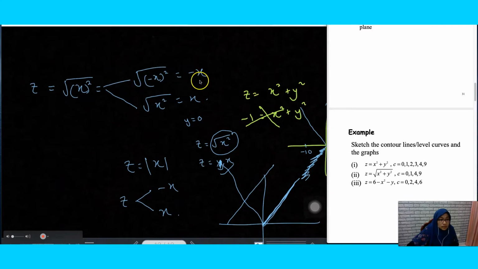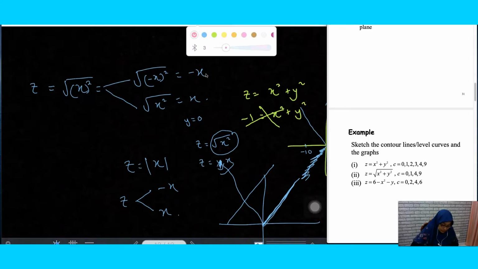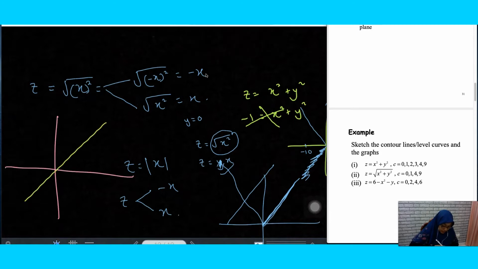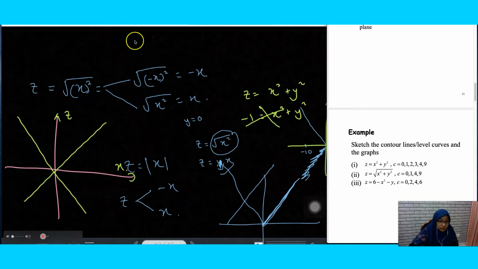But this is after you simplify, because we want to look at what the graph looks like. You have to refer back to the original expression where we want z always positive. So you have this kind of graph, positive gradient, negative gradient. This is z versus x, but with the condition z always positive, just look at the original expression.